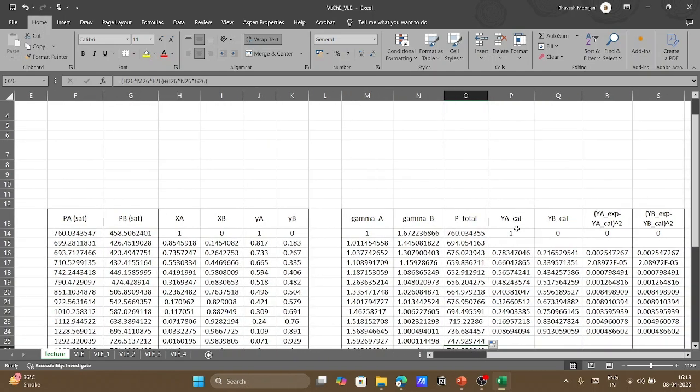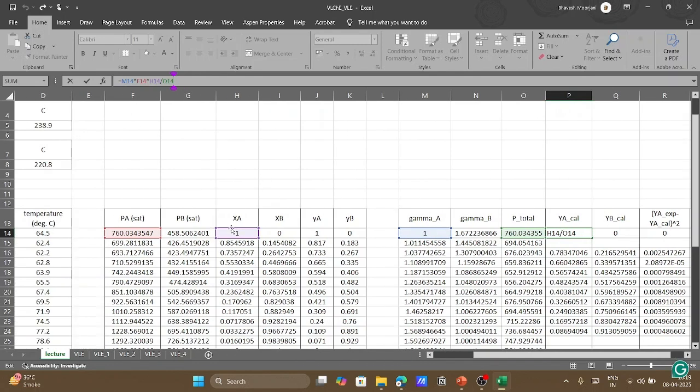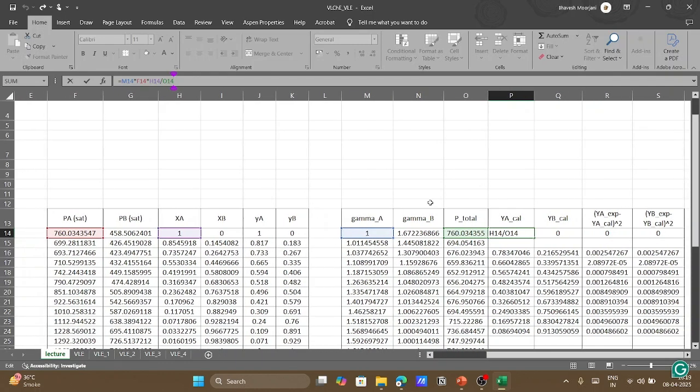Okay. Now the corresponding vapor mole fraction will be calculated from the modified Raoult's law. So that is xi, this is our xi value, then gamma i, into pi sat divided by the total pressure, right?